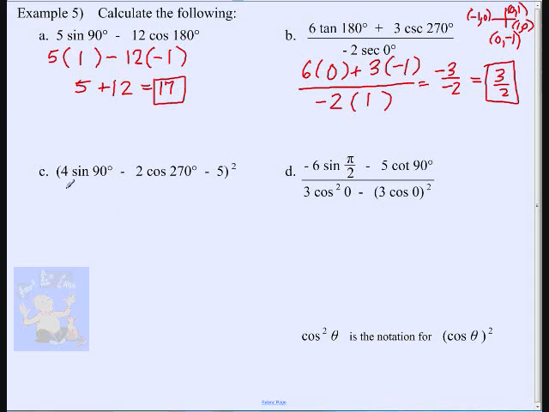How about this one? We're going to have 4 times the sine of 90 degrees minus 2 times the cosine of 270 minus 5. And then, after we have all that figured out, we're going to square it. What is the sine of 90 degrees? That's right. Is it coming a little quicker now? What is the cosine of 270 degrees?